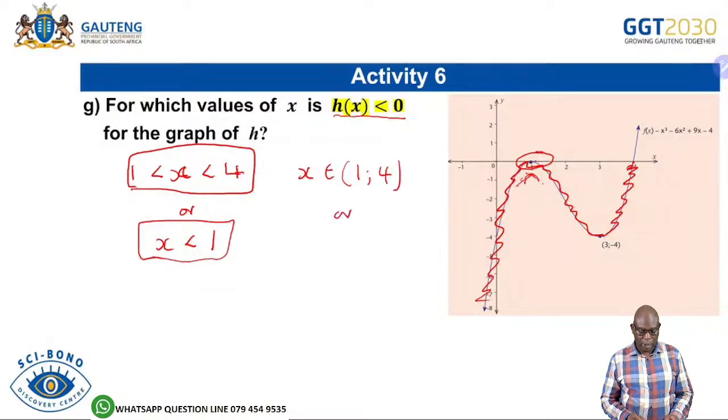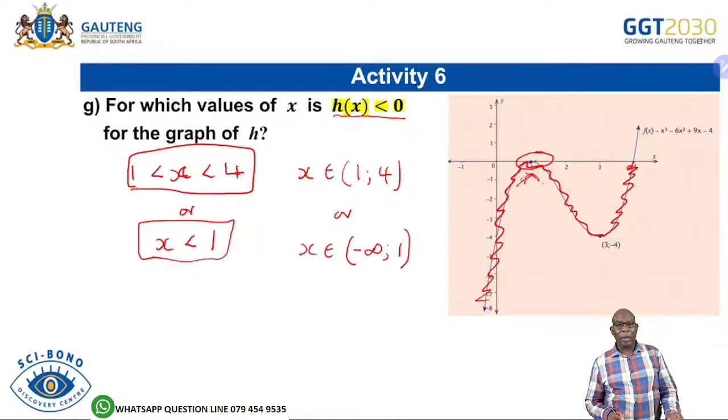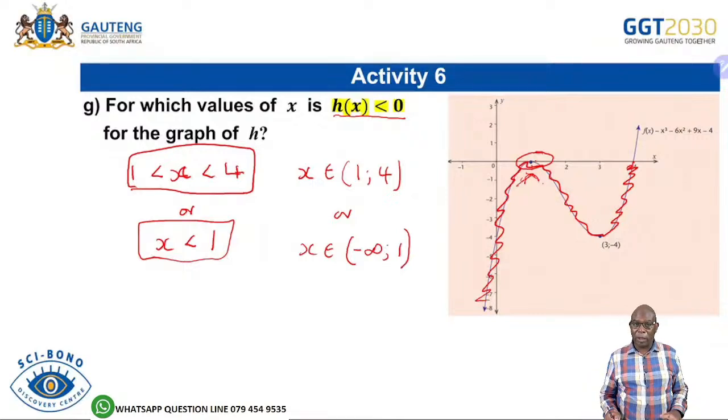Or the other one will be x is an element of, remember we start with -infinity and then up to 1. Remember -infinity is not included, because we don't know what that last number is. Never ever with positive infinity do you write a square bracket. So with infinity and -infinity, no square bracket at all.